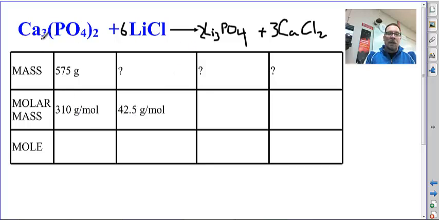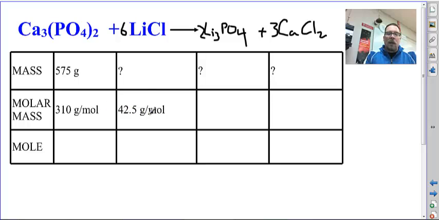The other thing I can fill out before I start the problem, once I get my balanced equation, is the molar masses. 3 calcium and 2 phosphate groups. In other words, I have 8 oxygens, 2 phosphorus, and 3 calcium here. All will add up to 310 grams per mole.